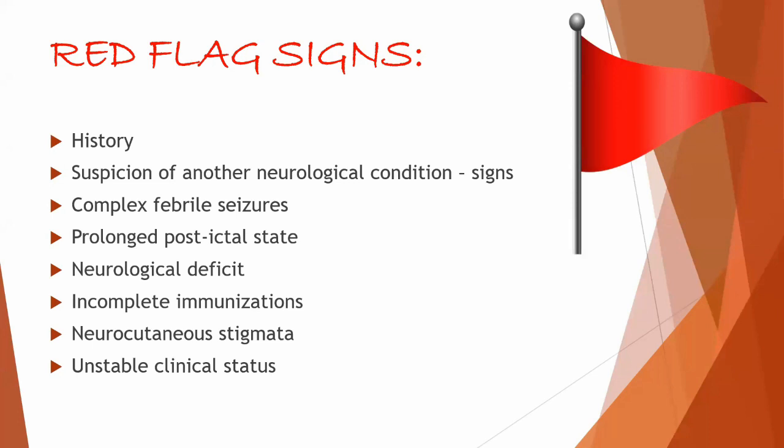Then if the child has an incomplete immunization chart, you must look at the immunizations against Streptococcus pneumoniae and Haemophilus influenzae B, especially in children 6 to 18 months.